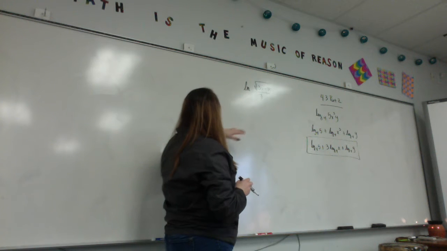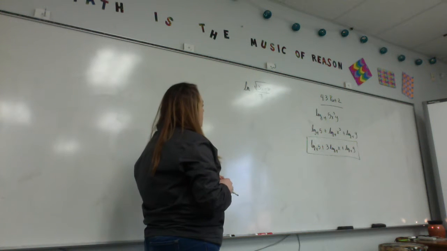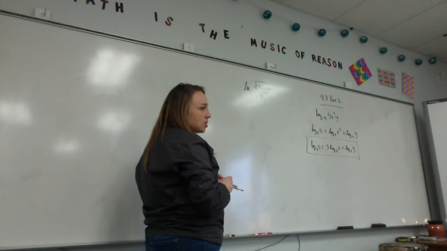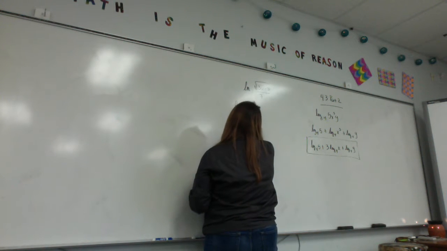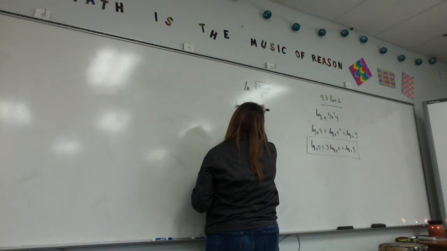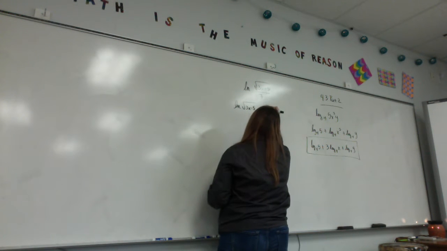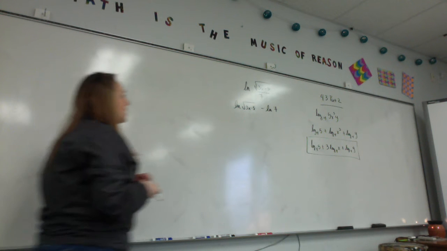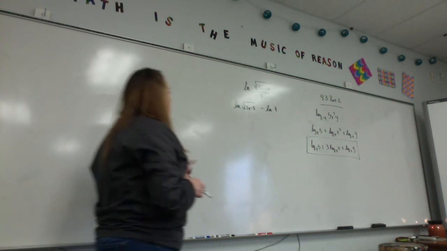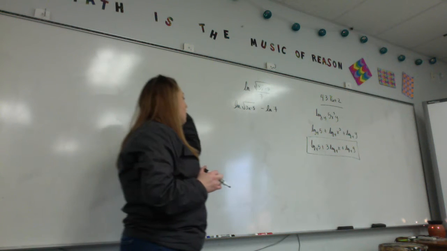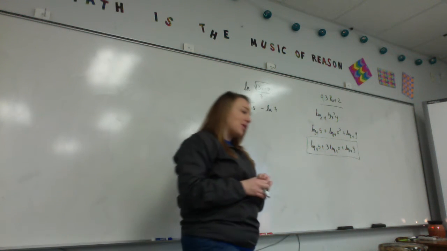Good, Linz. When we have division, we have subtraction. So I'm going to break it apart and say the natural log of the square root of 3x minus 5 minus natural log of 7. Now, natural log of 7 is as far as it can go. There's nothing else I can do to that. However, the natural log of the square root of 3x minus 5, I can break that apart.